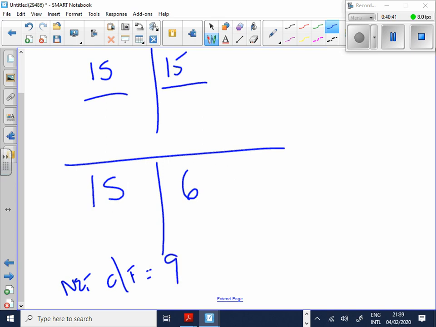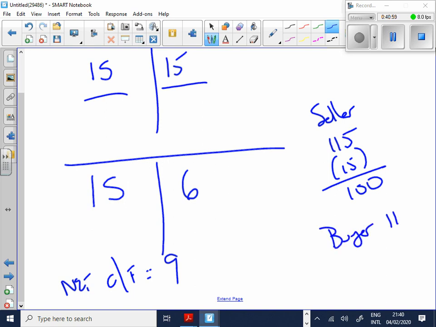Happy. Let's have a look from the seller's perspective. What has the seller got? Sold it for 115, paid 15 rand VAT across. What is the net position of the seller? 100. Happy. From the buyer's perspective, he's going to pay 115. He's going to claim 6 rand input. And what is the net cost going to be? 109.